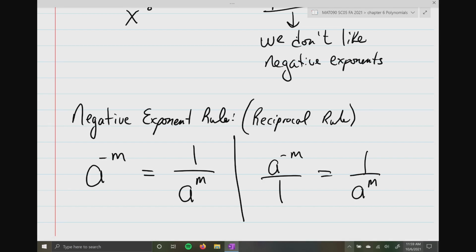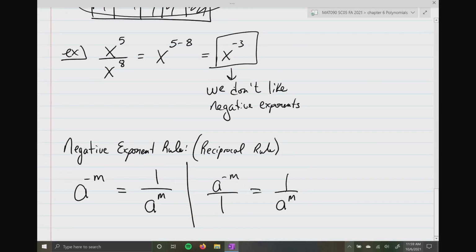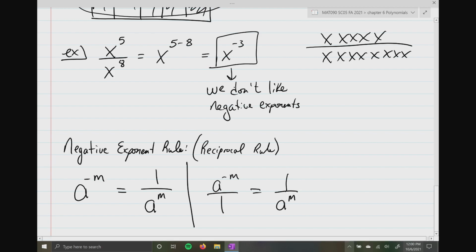Now, if we go back up to this problem up above, the x to the 5th divided by x to the 8th, visually, here's what's happening. x to the 5th means I have 5 x's in the numerator. x to the 8th means I have 8 x's in the denominator. So if I were to write them out and simplify, notice these reduce. All 5 of these x's reduce.